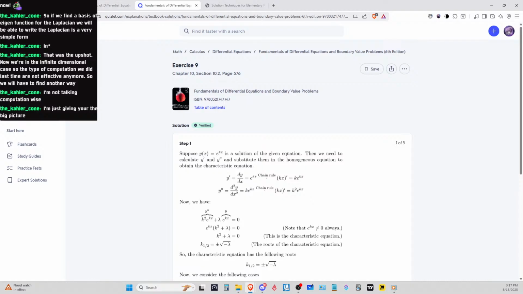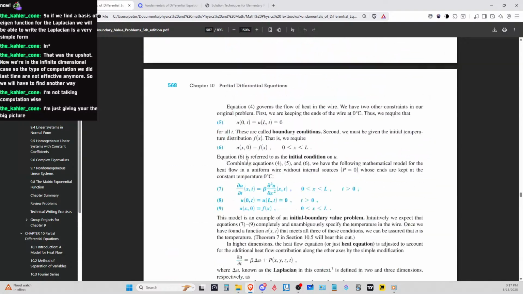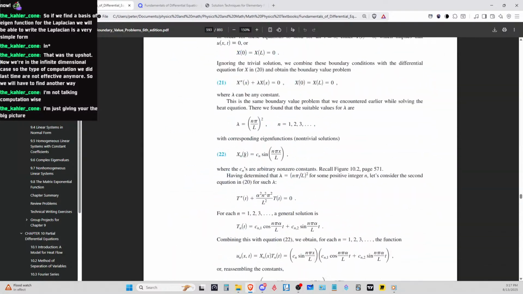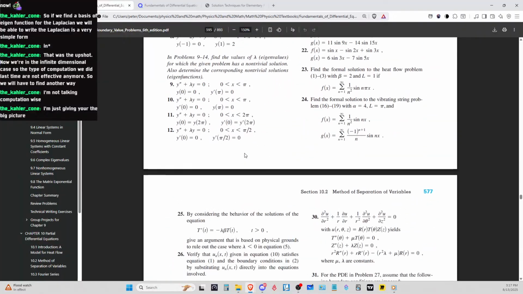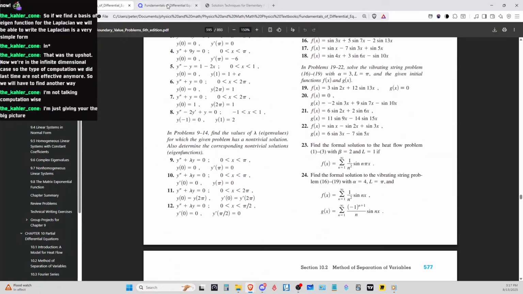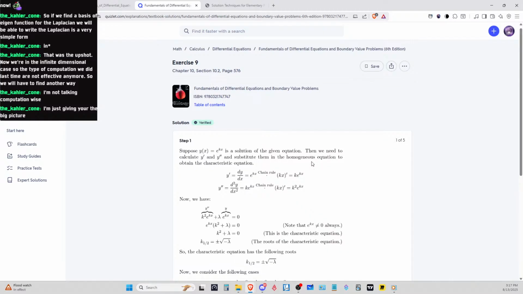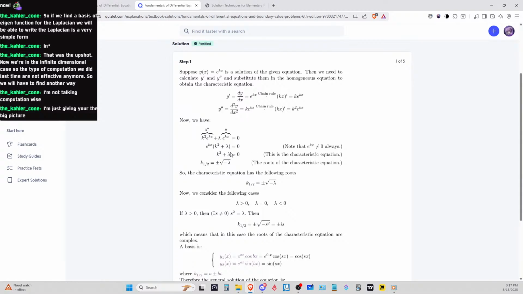Chapter 10. Yeah, I want to make sure that it's the right section because I think it's 10.2. Yeah, it is 10.2. Okay, here we go. Right, we did that. And then we're left with it. Okay, so at least we did this right. We got negative lambda.